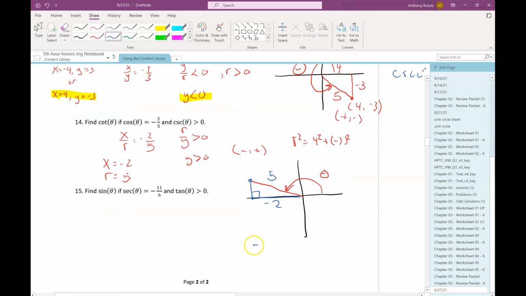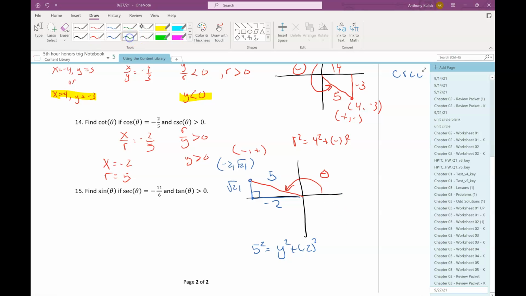So using the Pythagorean theorem, I get that y is the square root of 21. Okay, so my point here is negative 2 comma root 21.